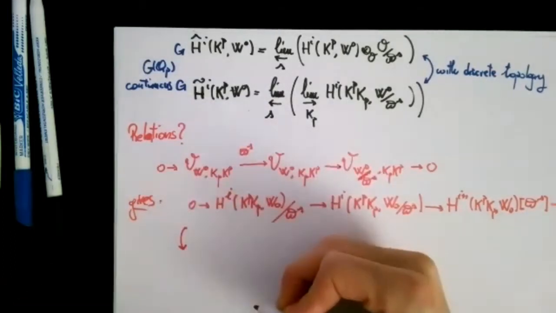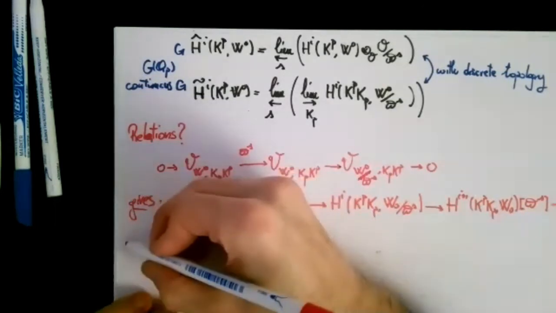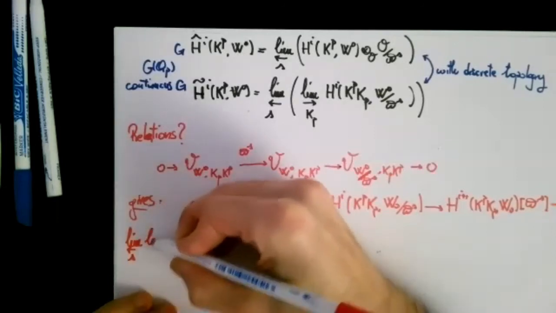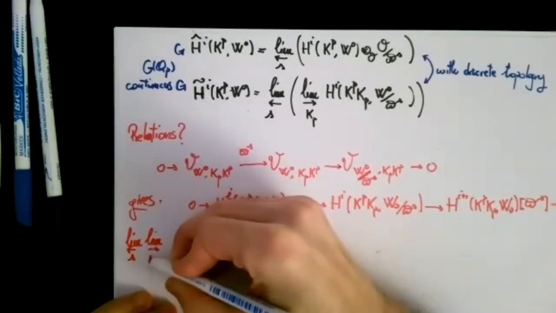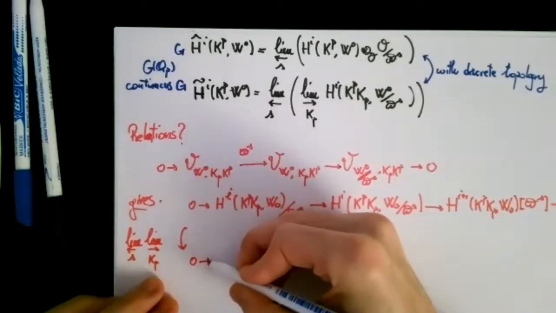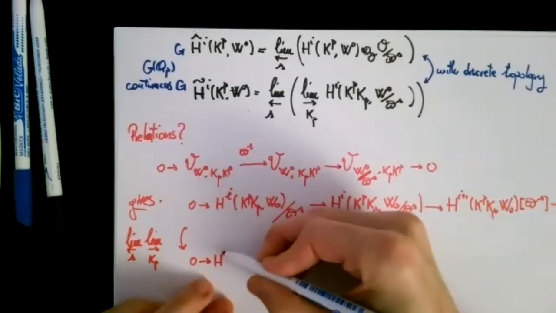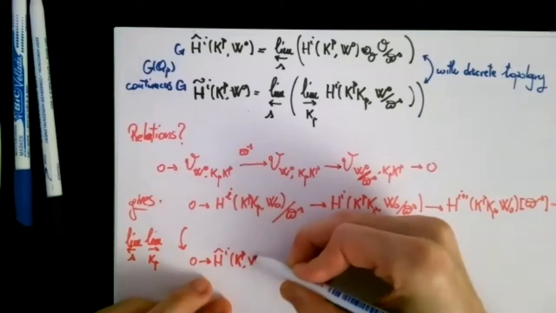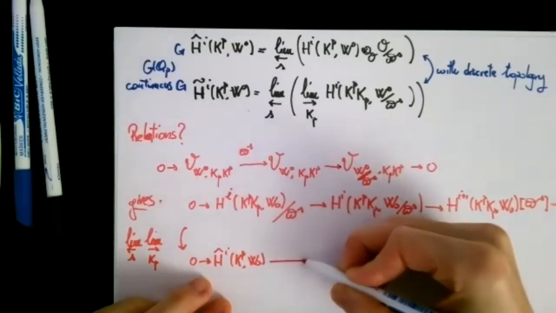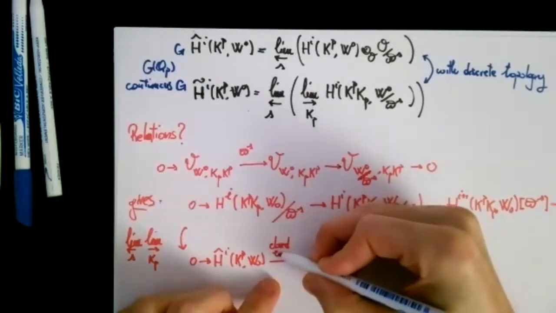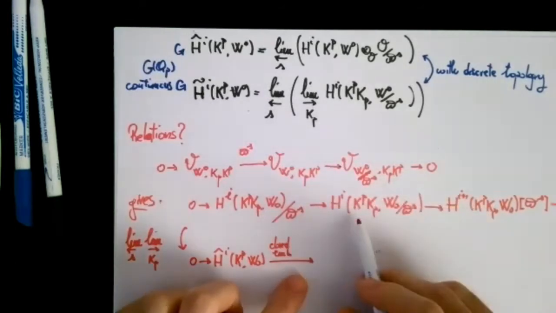I get the following exact sequence with continuous action of GQP. So now I consider the limit over S and the limit over the compact open. And I obtain the following. I obtain 0, H hat I Kp W naught. Here we have a closed embedding by construction.